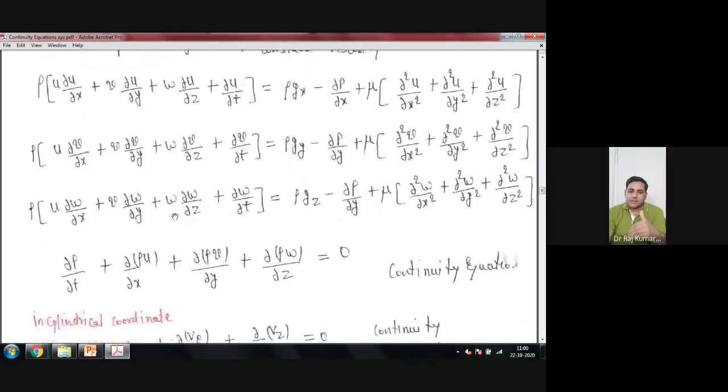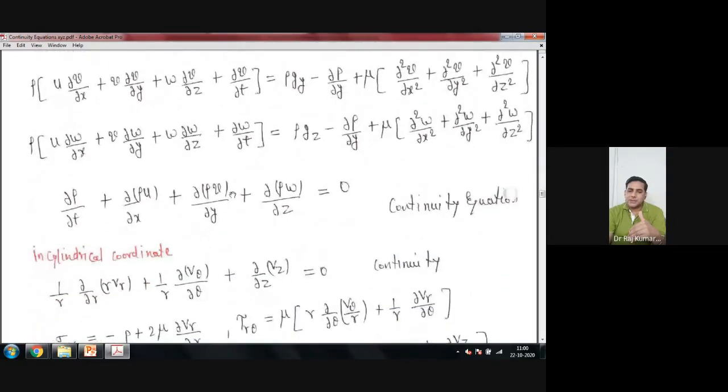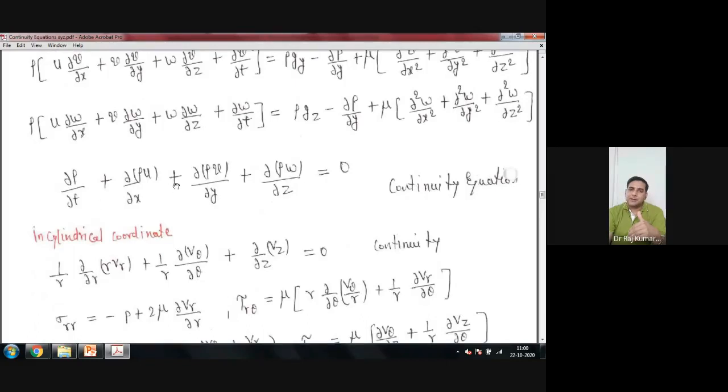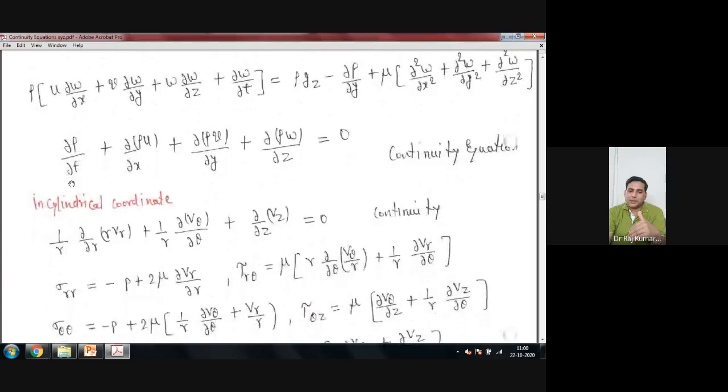Now this is your continuity, right? This is your continuity in rectilinear coordinates, which we derived a long time back: del rho upon del t, plus del rho u upon del x, plus del rho v upon del y, plus del rho w upon del z. We derived it previously, the continuity in differential form. Now, if you want to change it for incompressible fluid, it means density is constant, so your first term will get cancelled.